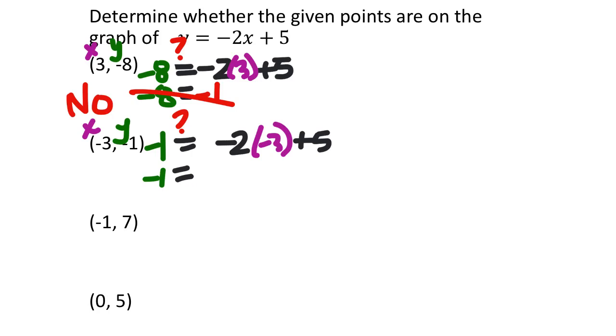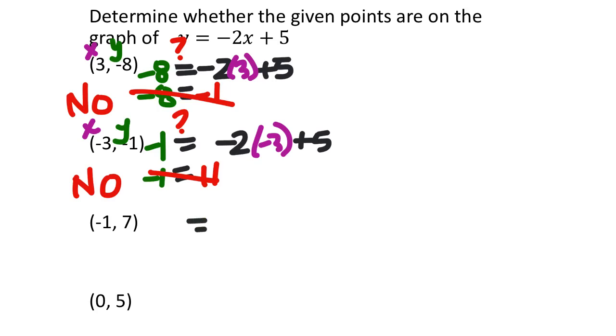Well, -2 times -3 is +6. Well, +6 plus 5 is 11. So these also are not equal, which means that it's not a true statement. So no, -3, -1 would not be a solution for that equation.